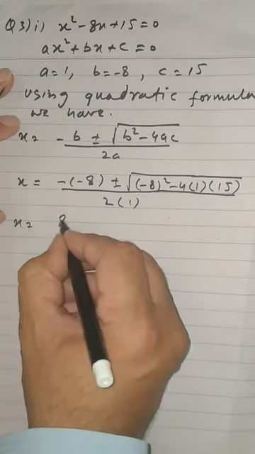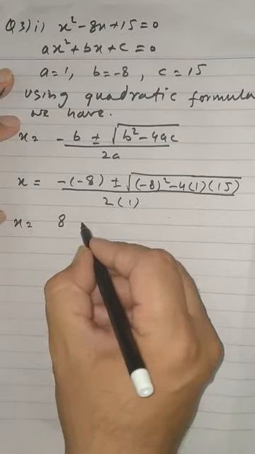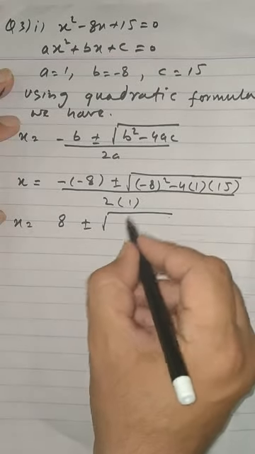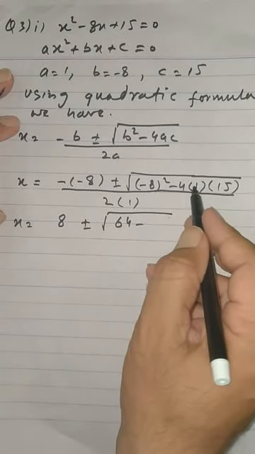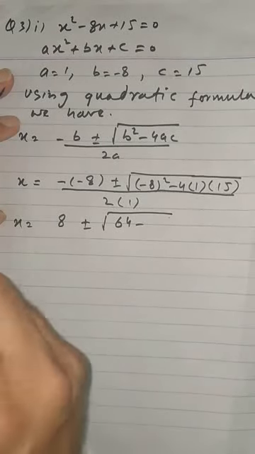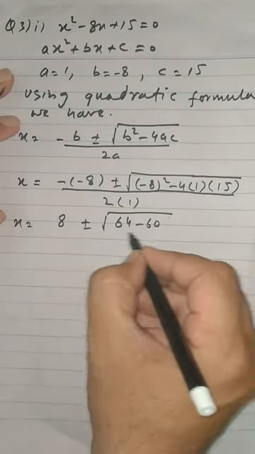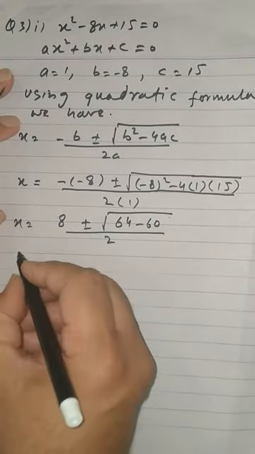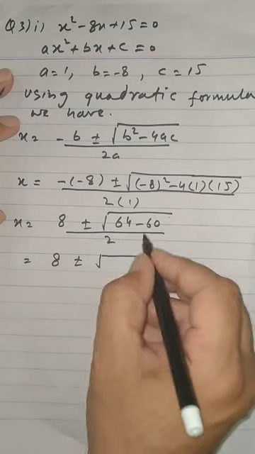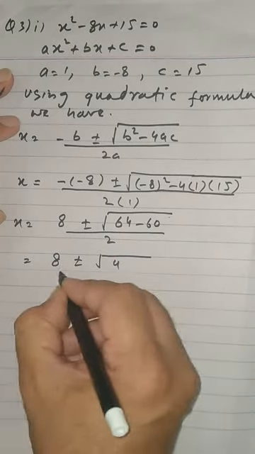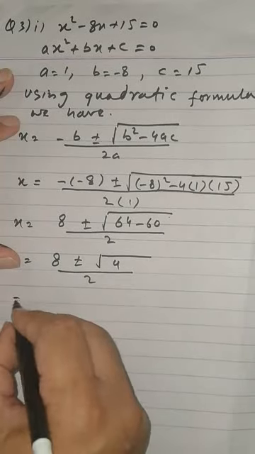We get here minus into minus plus 8 plus minus under the root 8 8s are 64 minus 4 times 15, 15 times 1 is 15, and 15 times 4 is 60, divided by 2. Now write it, we get 64 minus 60, we get 4 divided by 2.